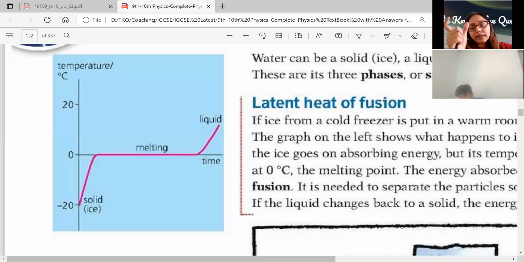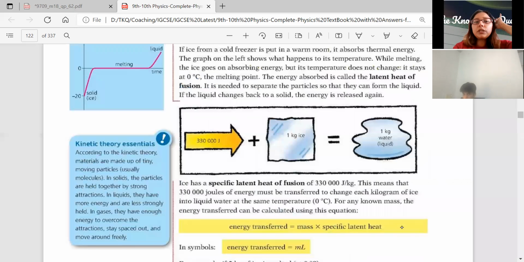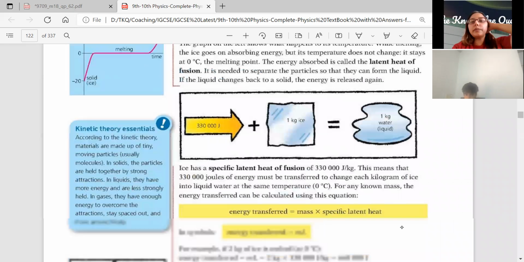That latent heat is called latent heat of vaporization. Clear? So latent heat of fusion is at the melting point. Latent heat of vaporization is at the boiling point.